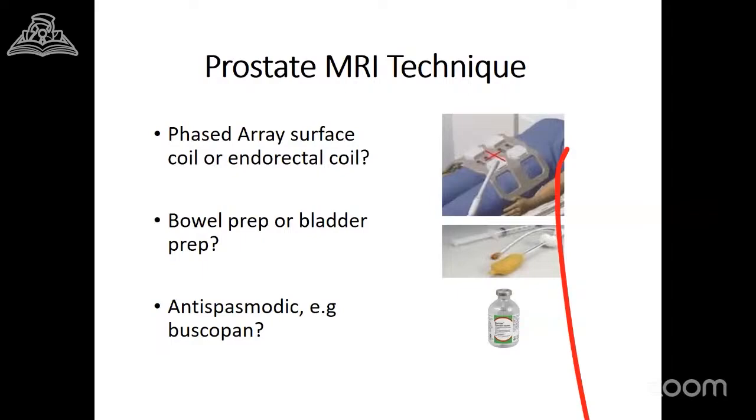Patient preparation may involve bowel preparation, also bladder emptying to reduce artifact and improve pelvic visualization. Antispasmodics such as Buscopan are also commonly used to reduce bowel motion if there is no contraindication to the patient, and to enhance overall image quality.